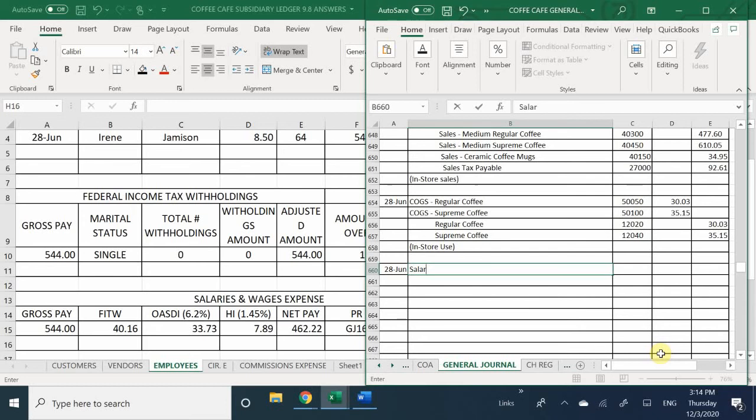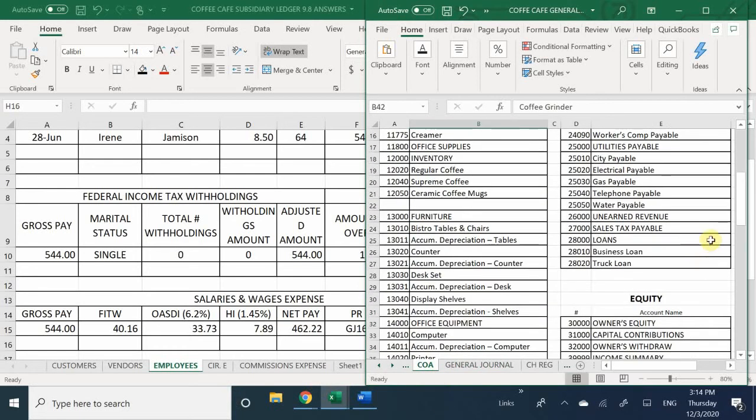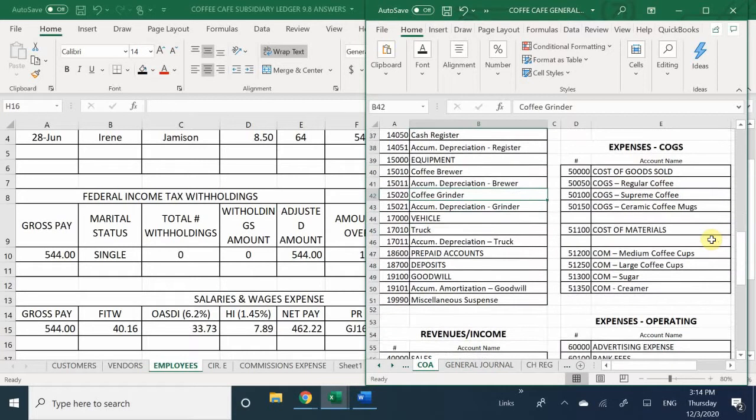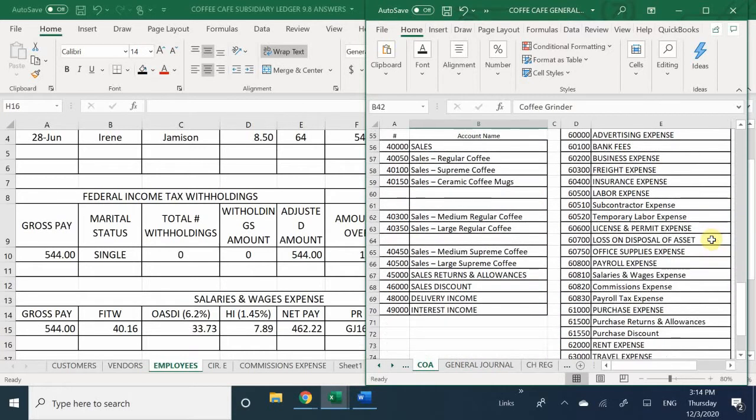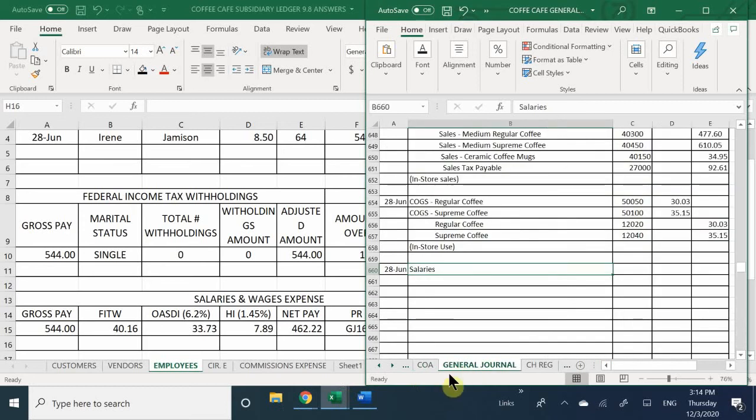Salaries and wages. I think it's the actual and symbol in the chart of accounts. Yes, it's the actual and symbol. Salaries and wages expense.